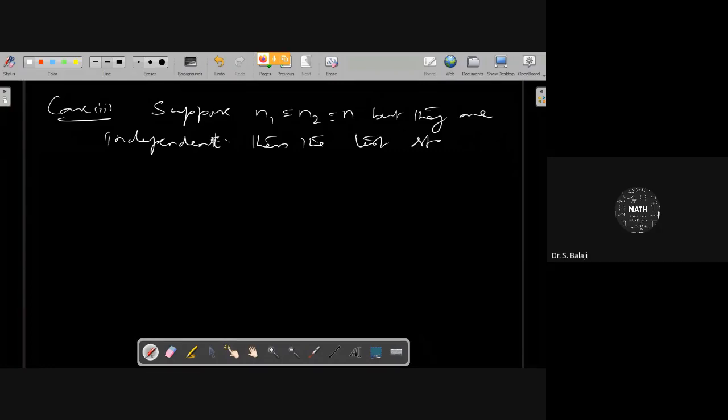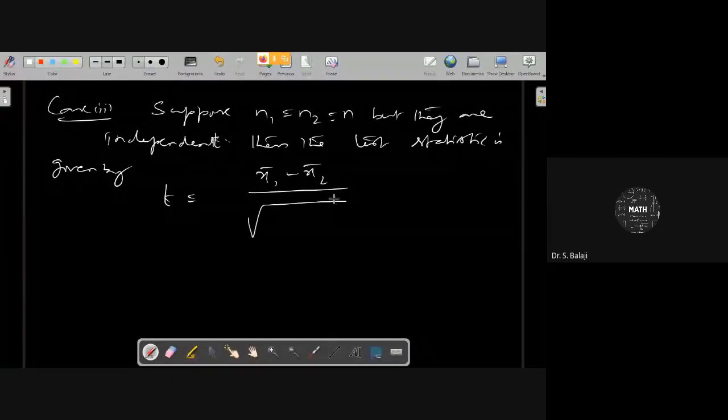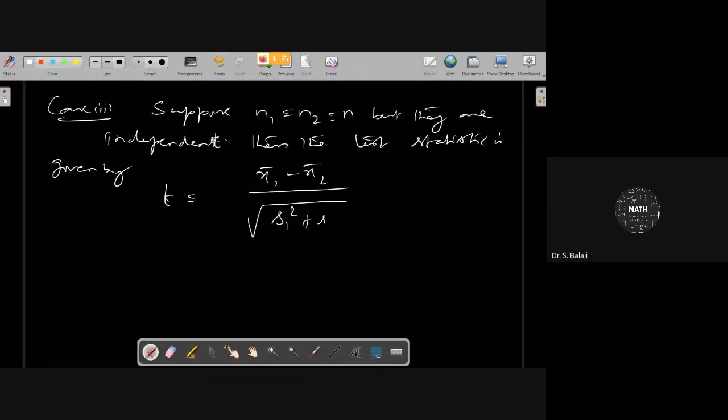T equals the same thing, where you replace n1 equal to n2 equal to n. T equals x1 bar minus x2 bar divided by the square root of s1 square plus s2 square, whole divided by n minus 1.